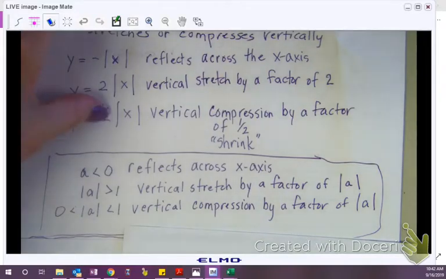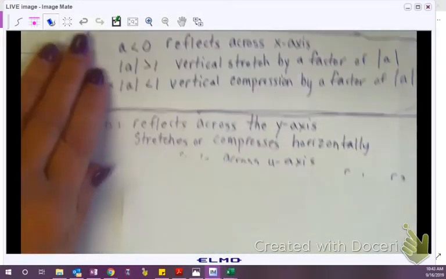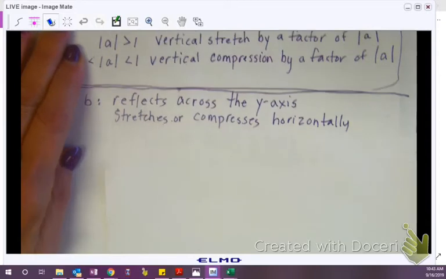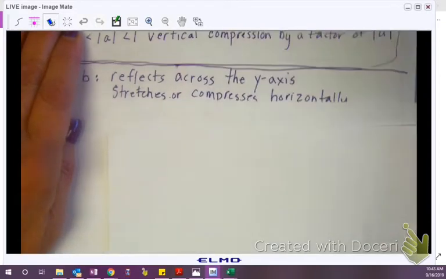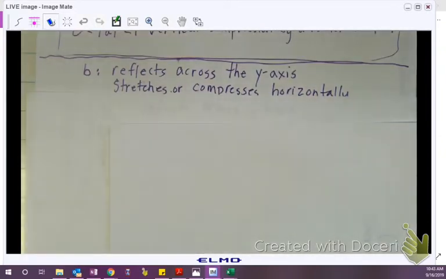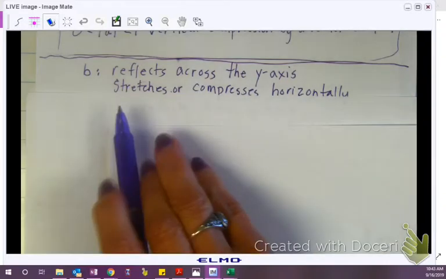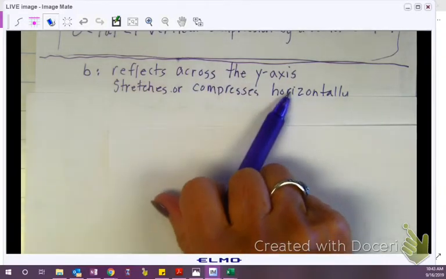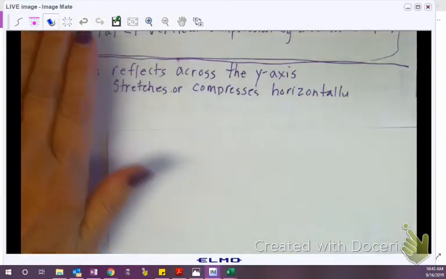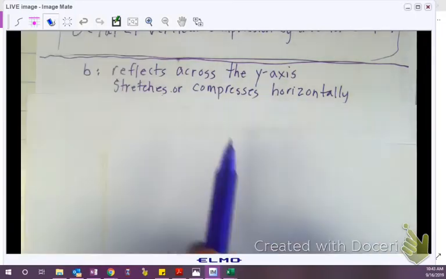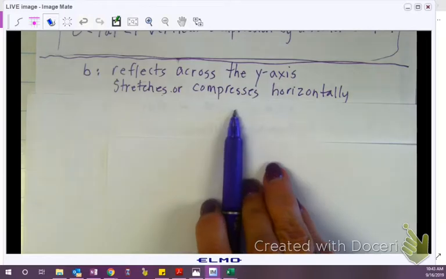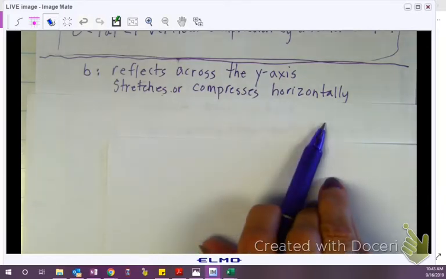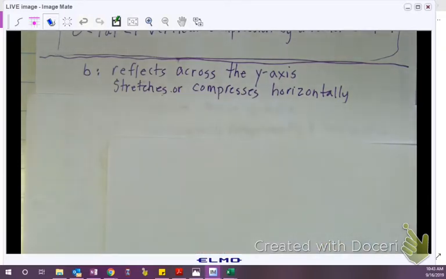So now we're going to look at the page for B. On this page, at the top or just above your tab, you need to copy that B reflects across the y-axis and also either stretches or compresses horizontally. So B can cause a stretch or a compression horizontally.